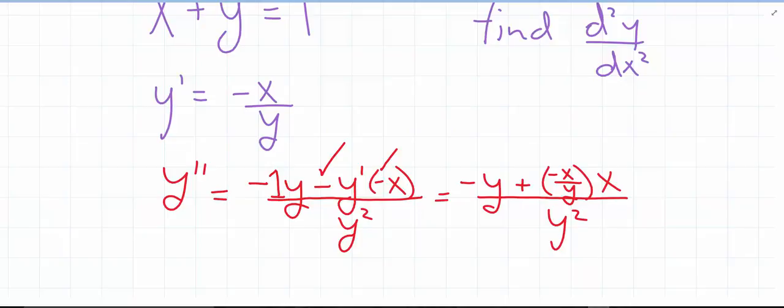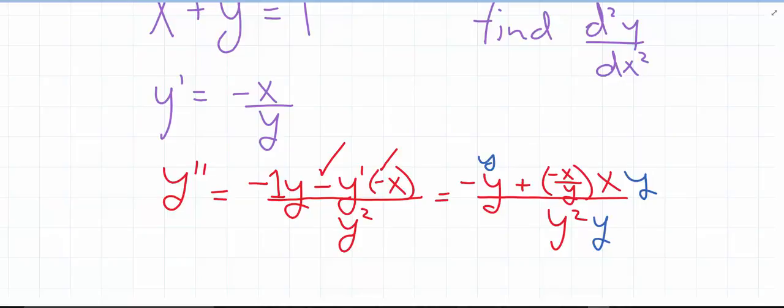Now, one more thing we want to do here is a bit of simplifying. We hate complex fractions like this. They're unseemly, right? So what I'm going to do is multiply by y here, here, and here. Just multiply by y for all three, everything. It's like I'm multiplying the top and the bottom by y.